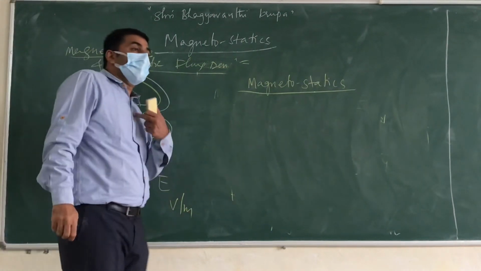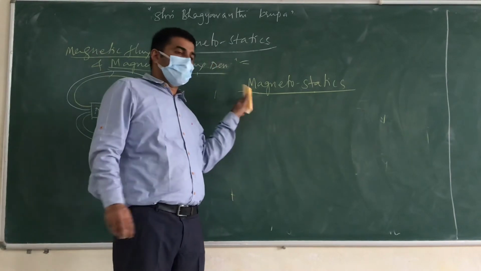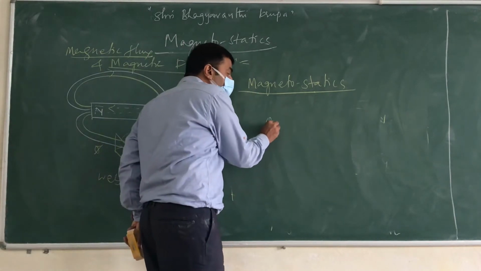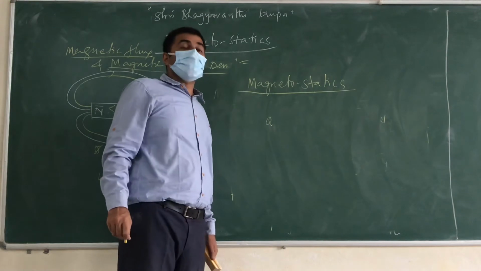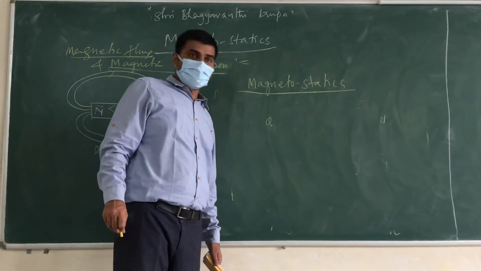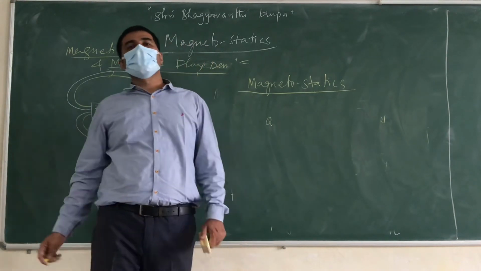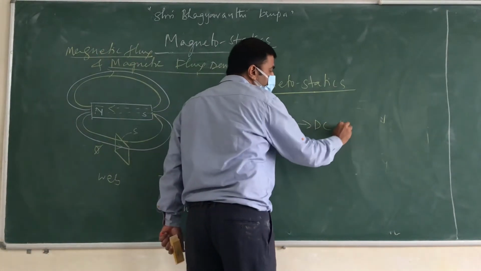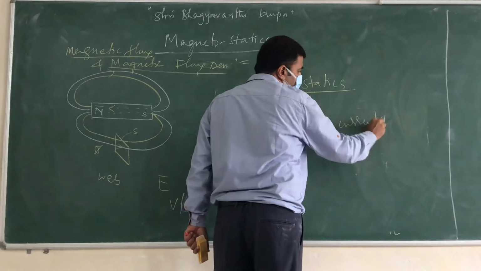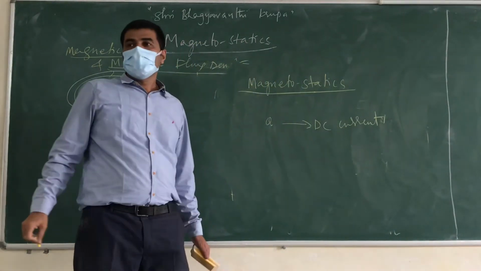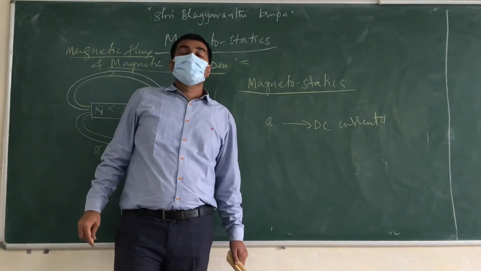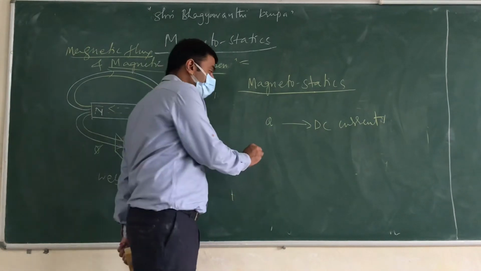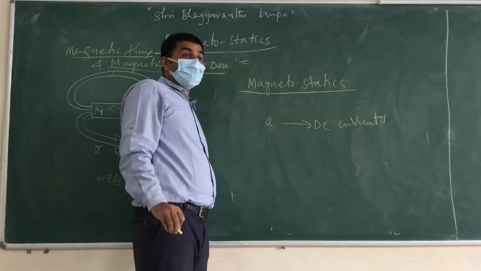See, when charges are moving with uniform velocity, then that current we call DC current.